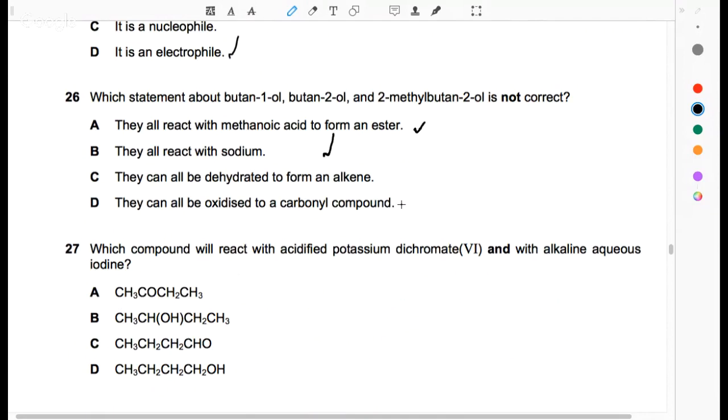They can all be dehydrated to an alkene. Will be oxidized. 2-methyl. This one's not correct, so it's D. This is a tertiary alcohol, so it can't be.